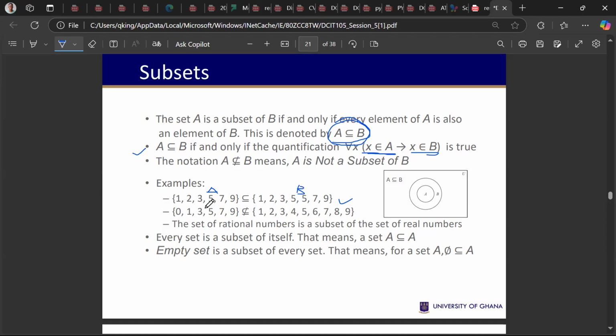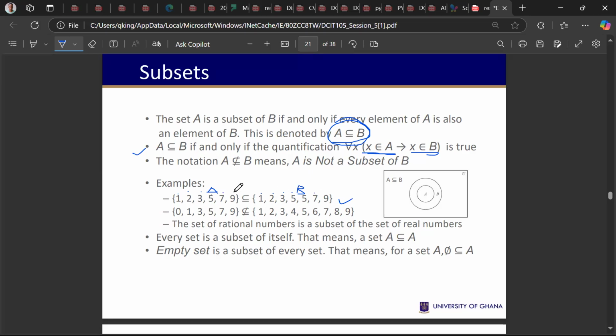So set A, 1, 2, 3, 5, 7, 9, is a subset of set B, because we see all elements of set A in set B. We see 1 here, 2 is also here, 3 can also be found here, 5 and 7 can also be found, and 9 can also be found here.